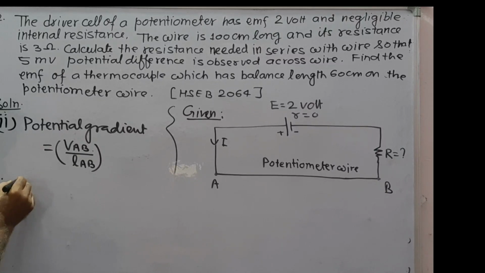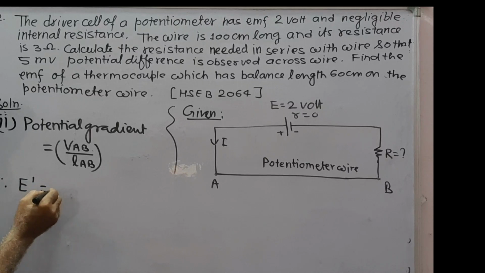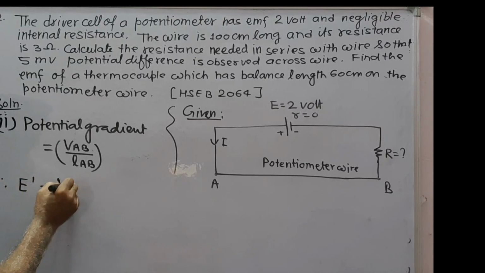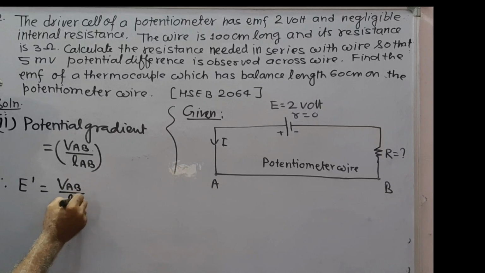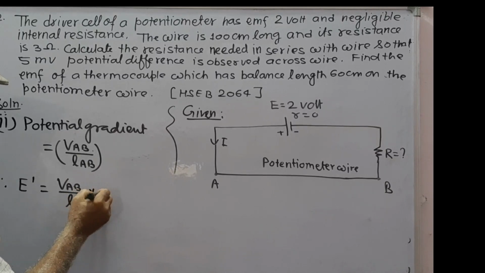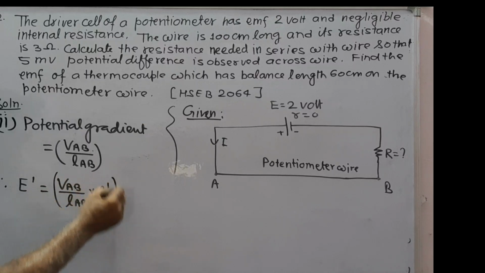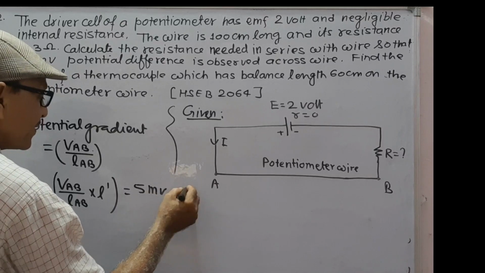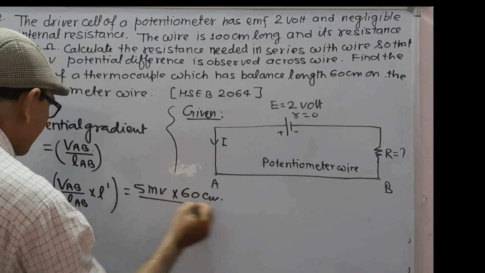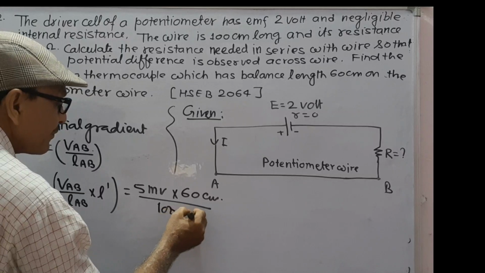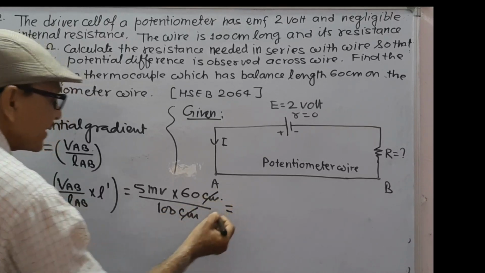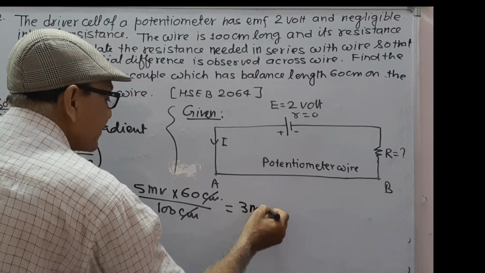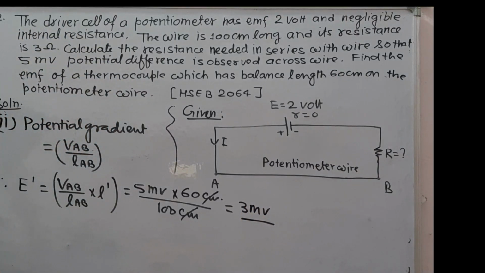Therefore, E dash will be equal to VAB upon LAB into L dash, that is 5 millivolt into 60 cm upon 100 cm. cm cancels out and we get 3 millivolt. So the EMF of thermocouple will be 3 millivolt.